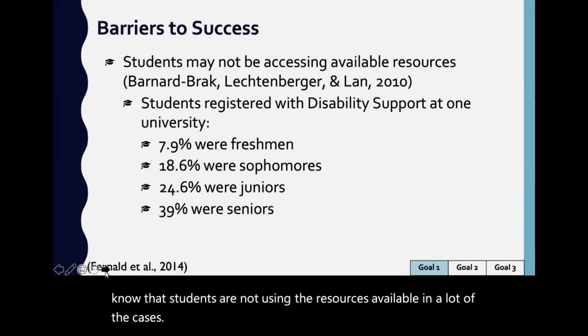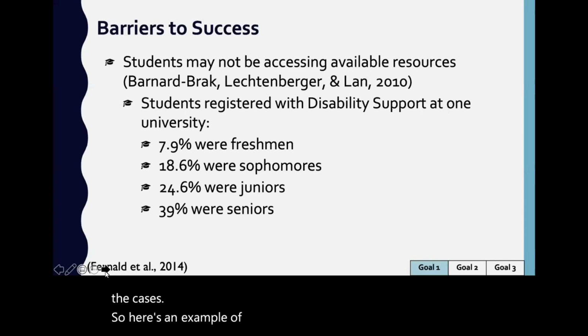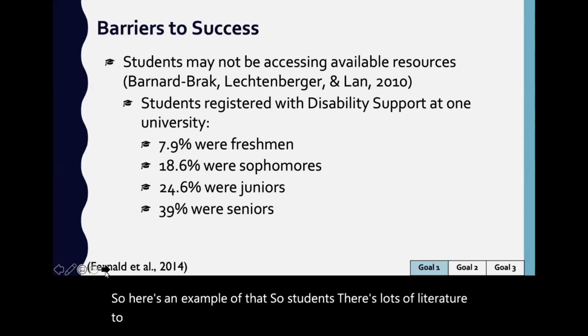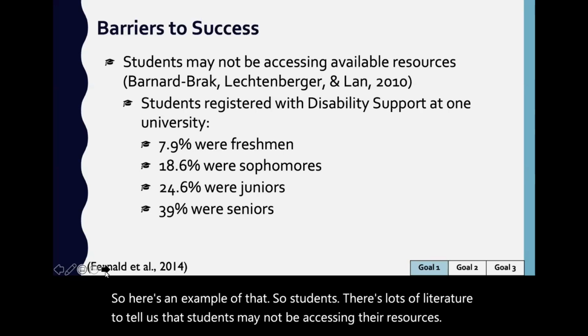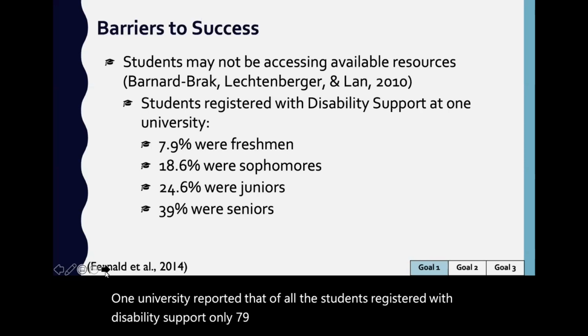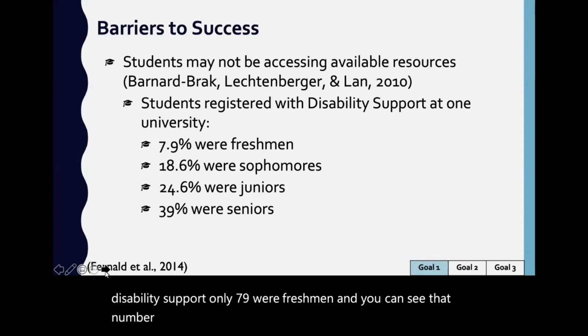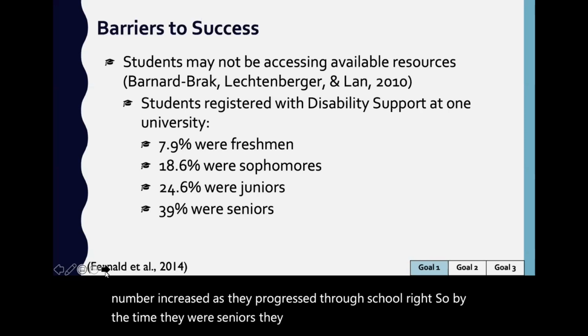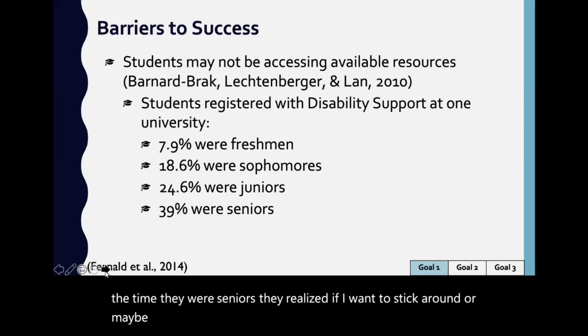So here's an example of that. There's lots of literature to tell us that students may not be accessing their resources. One university reported that of all the students registered with disability support, only 7.9% were freshmen. And you can see that that number increased as they progressed through school. So by the time they were seniors, or maybe even juniors, they realized, oh, if I want to stick around, I better start using my accommodations because things are getting a little bit harder.